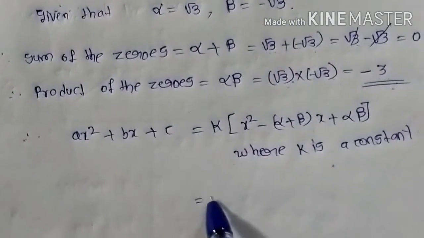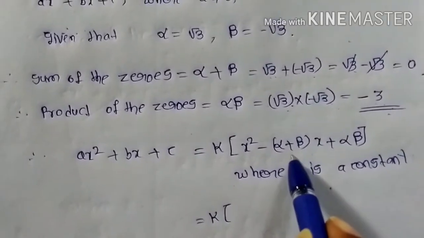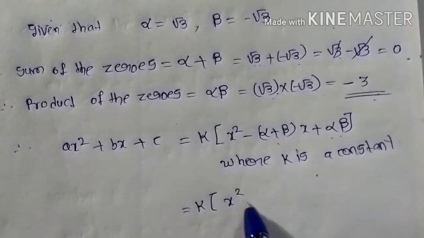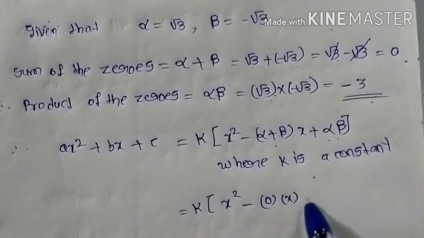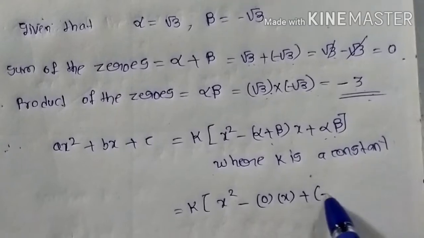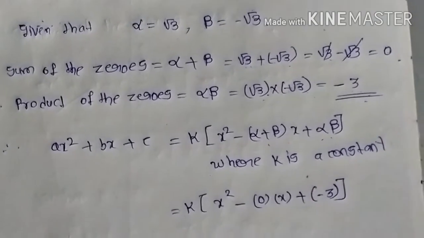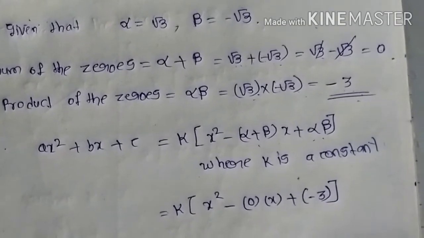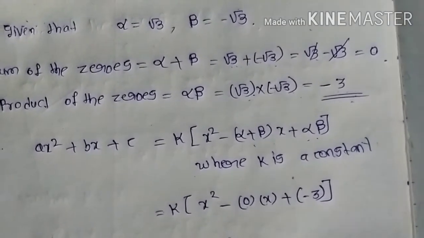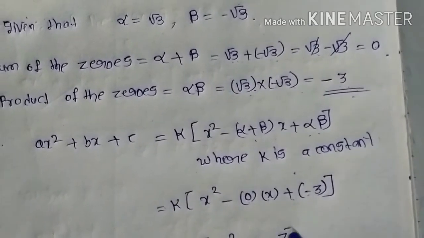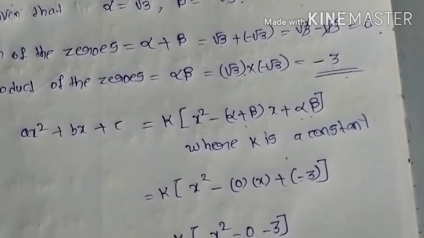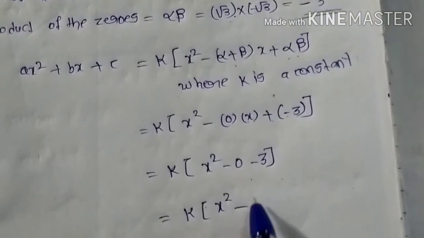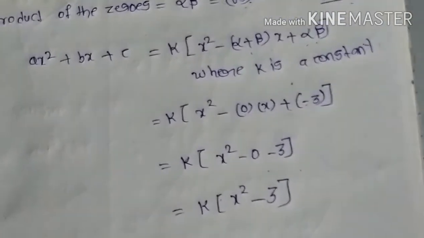You can write k into, just substitute the alpha plus beta value 0 and the alpha beta value minus 3, x square minus 0 into x plus alpha beta value minus 3. Just see here, k into x square minus 0 into x minus 0 plus into minus 3. That means you can write k into x square minus 3.